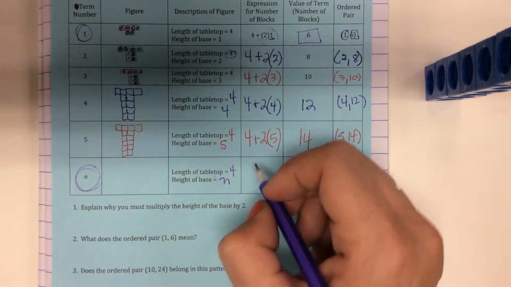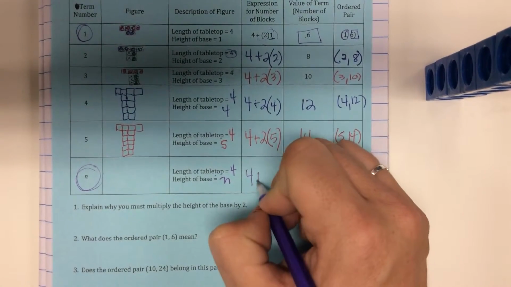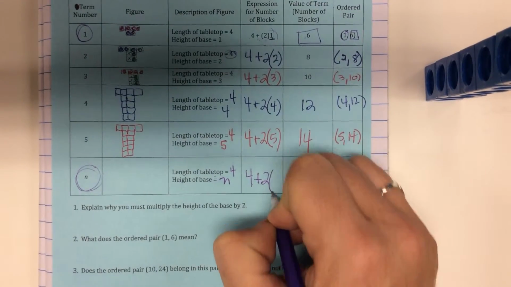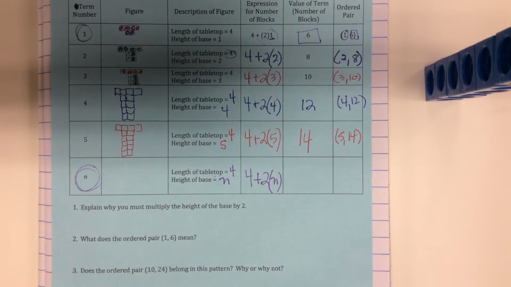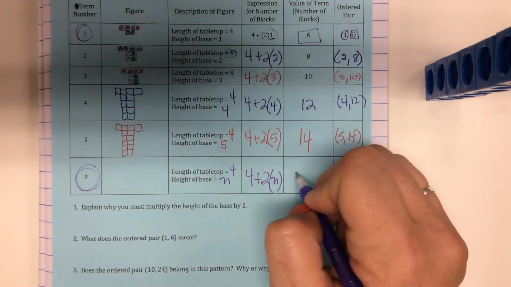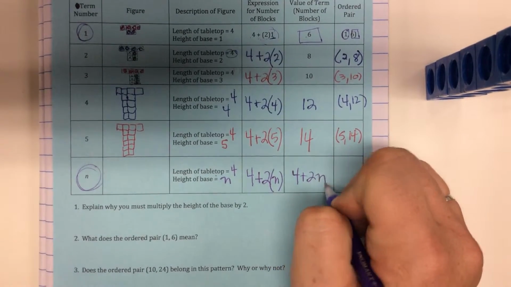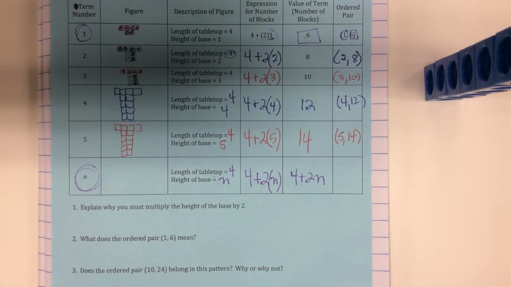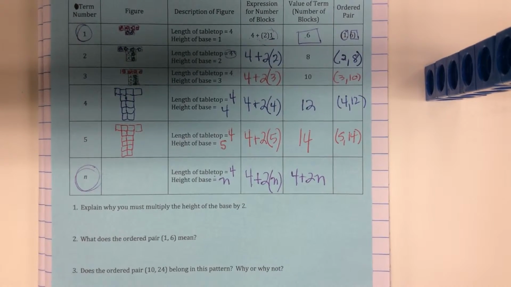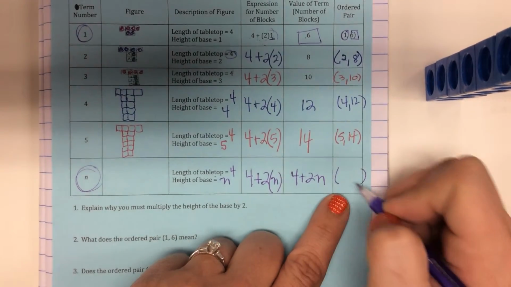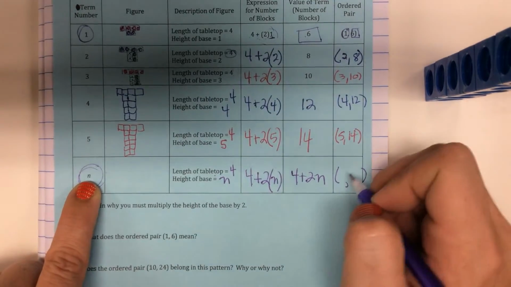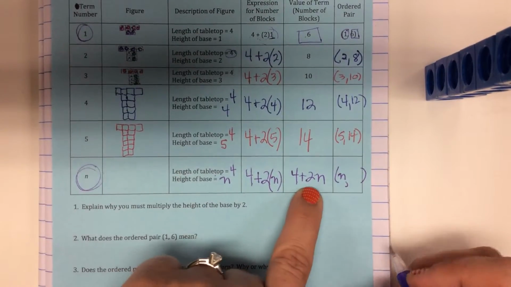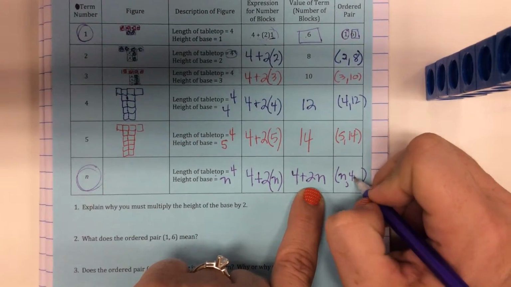So let's write our expression. 4 plus 2 times what? n. Do you know what the answer would be? Whatever 4 plus 2 times n is. Can you write the ordered pair? n. And what's my answer? 4 plus 2n.